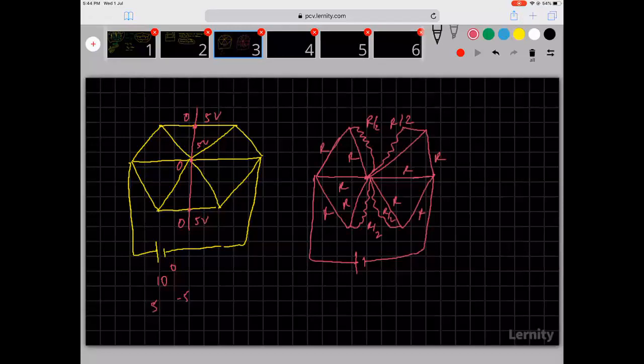Now I can find out. Series parallel. These two are in parallel. Series, parallel, series, parallel, series. So now you find out what the answer is.